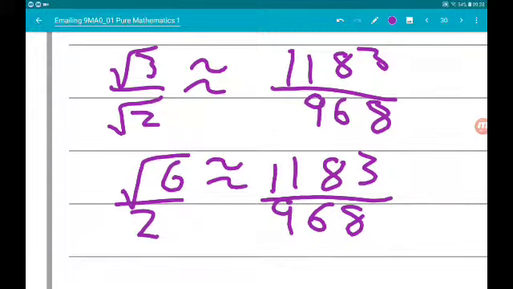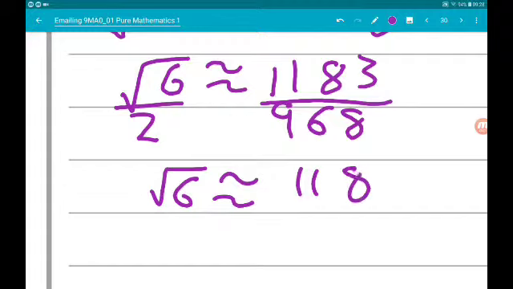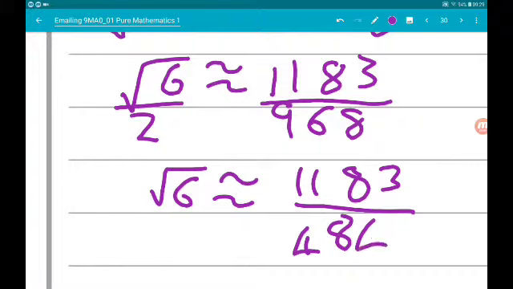So if we then multiply by 2, we get root 6 is approximately 1183 over half of 968, which is 484. That is our approximation for root 6. Cool.